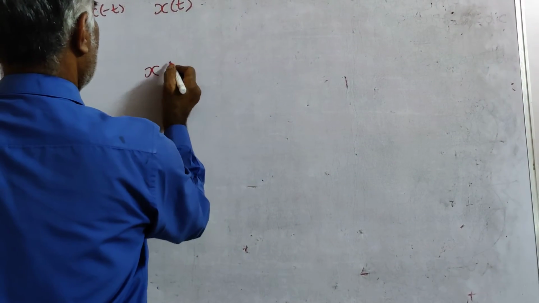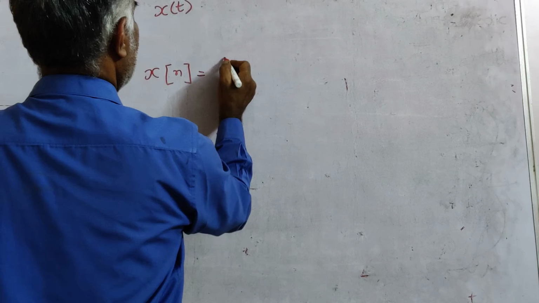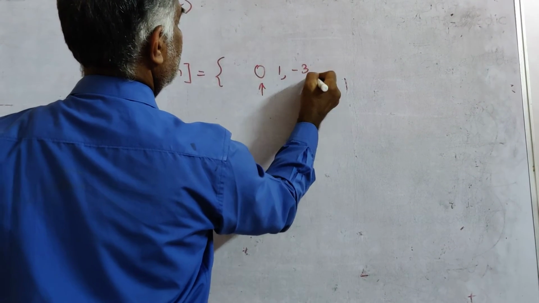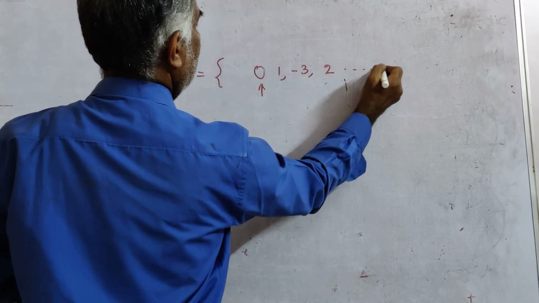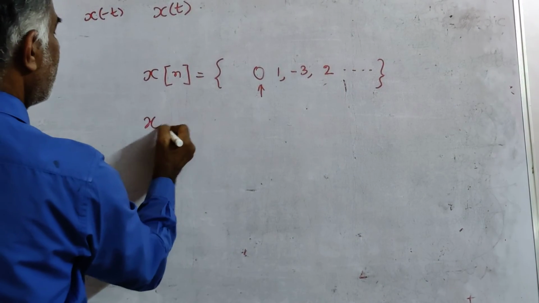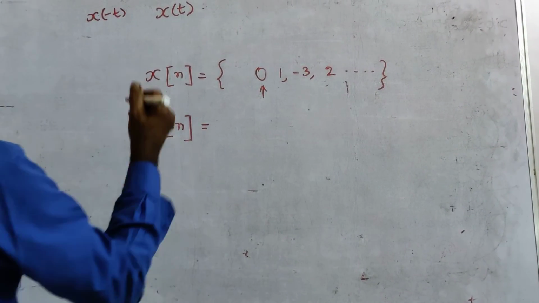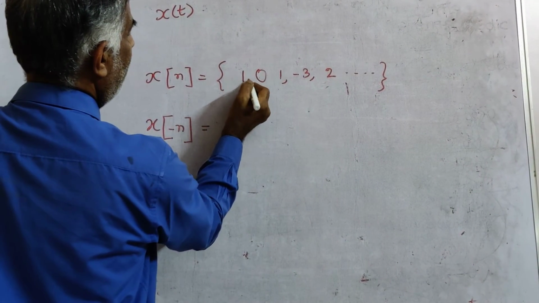Next, in the case of discrete signals, it is very simple. x of minus n is, for example, here it is 1, 1.